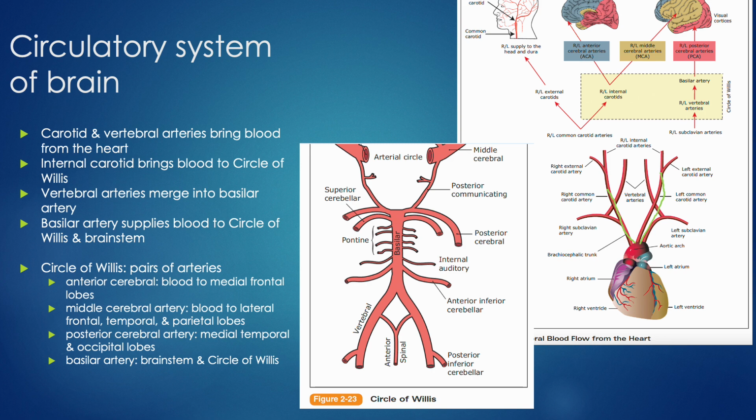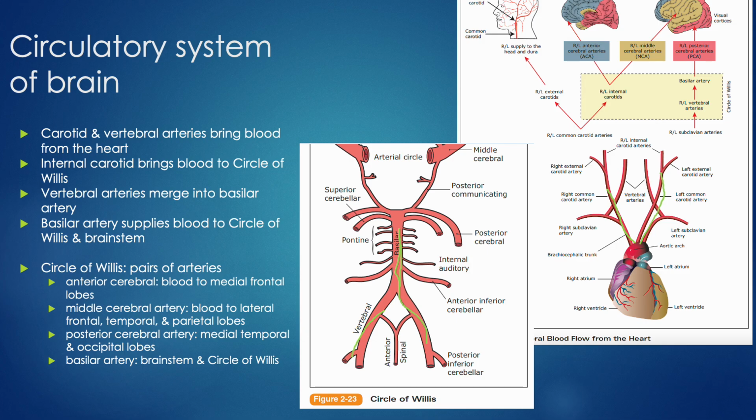ascend through little holes in the cervical vertebrae, and then they merge in the back of the neck and the base of the brain here into the basilar artery. So we have the vertebral arteries, and they merge into the basilar artery that runs up the brainstem.